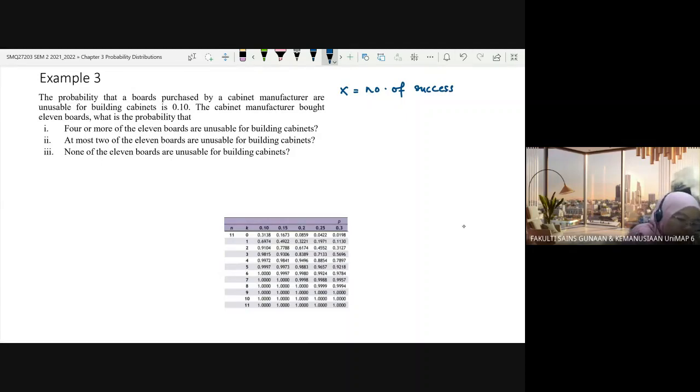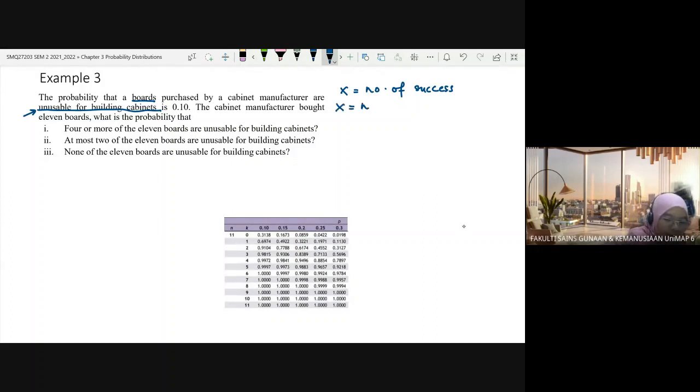In this case, the number of successes is unusable boards for building cabinets. Unusable is what we call the success.